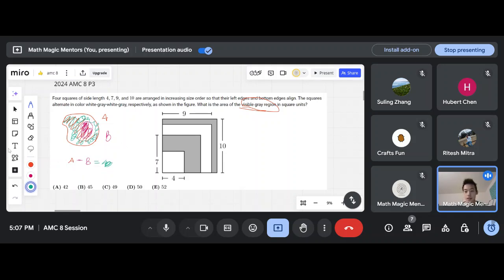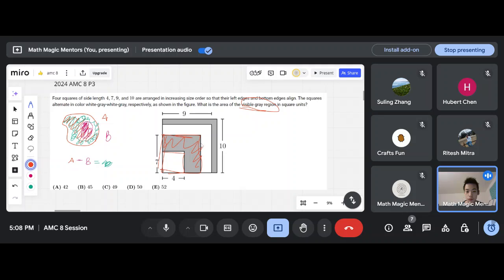So we can use that concept to find the area of the gray region. What can we say about this gray region right over here? Well, the big square of length 7 minus the area of the square of length 4 will equal the gray region.